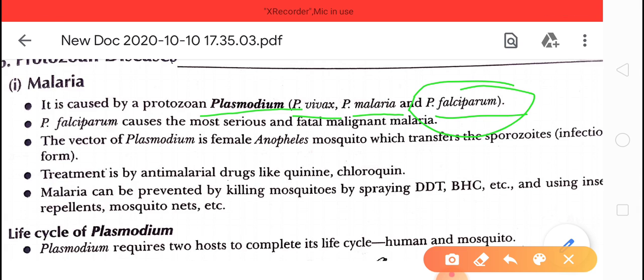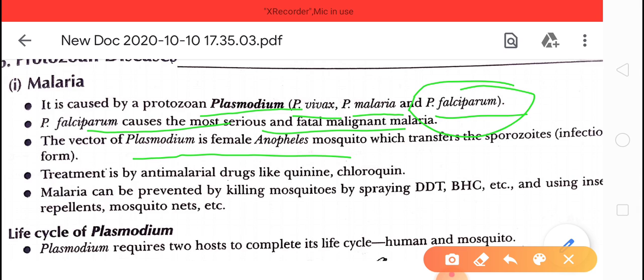Clear? So you can see here that Plasmodium falciparum causes the most serious and fatal malignant malaria. The vector of Plasmodium is the female Anopheles mosquito.